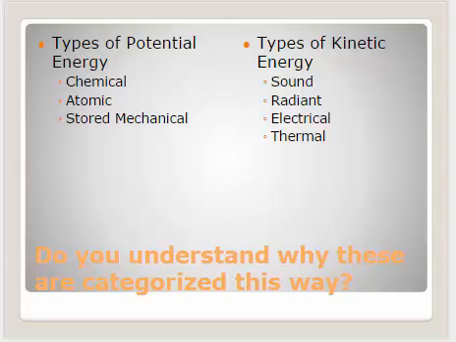If you think about chemical, atomic, and stored mechanical, they're not changing at any particular point. They're really holding on to all that energy until they're converted into another type. Kinetic energies like sound, radiant, electrical, and thermal are all dealing with some sort of movement, whether it's through waves or just atoms moving around.